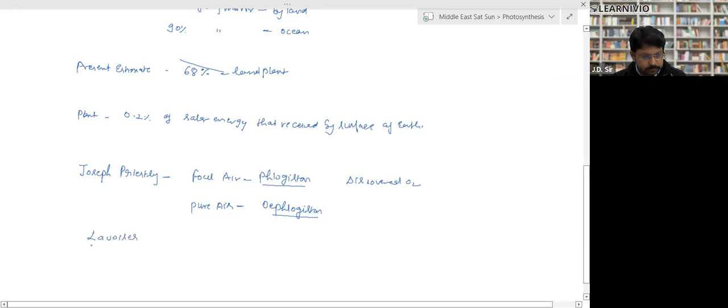Lavoisier told phlogiston is CO2 and dephlogiston is O2.